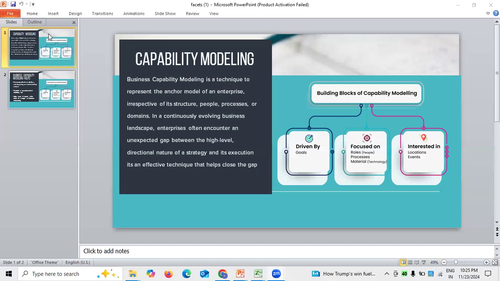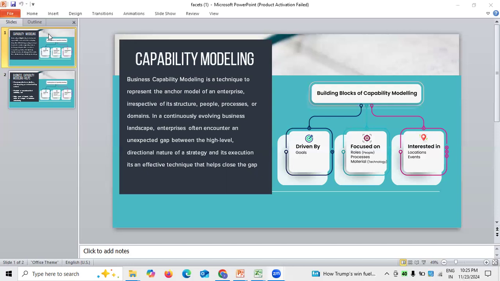There must be a continuous evaluation of the business landscape as well as the enterprise, which must be continued for developmental purposes. When there are developmental aspects taking place, especially from the business landscape as well as the enterprise, there are some gaps which might happen on a high level.